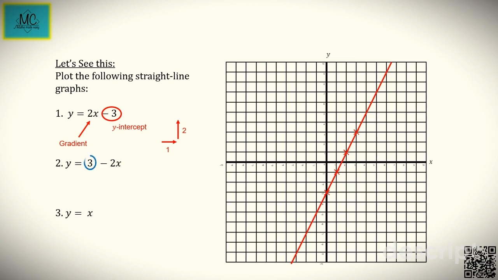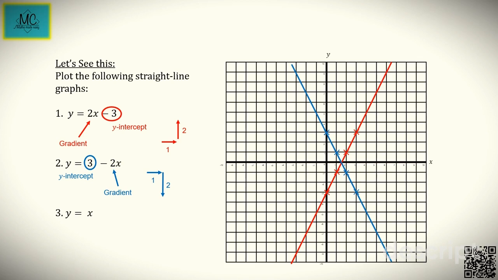So here, 3 is my y-intercept and minus 2 is my gradient, which means the slope of minus 2 means that for every 1 unit increase in x, y will decrease by 2 units. And the y-intercept of 3 means that the line will intersect the y-axis at the point 0, 3. This is how I'm going to plot the values, and I'll join these dots with my straight line.